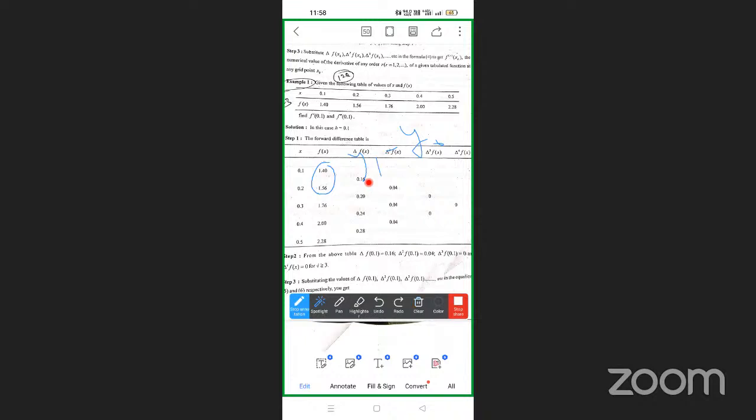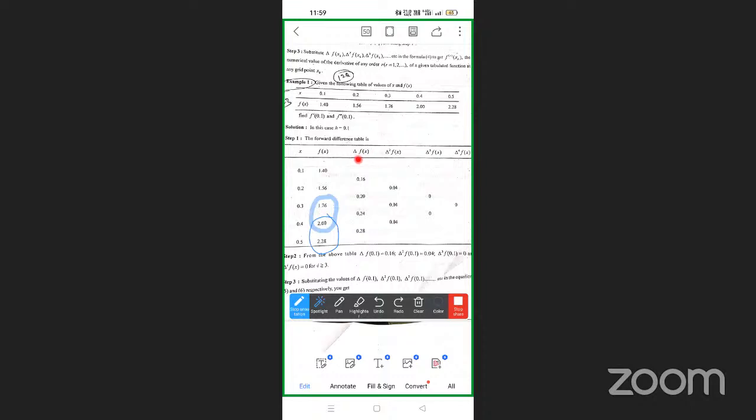This is the first difference. Next, 1.76 minus 1.56 is 0.2. Next, 2 minus 1.76 is 0.24. Then 2.28 minus 2 is 0.28. So these are the first differences.